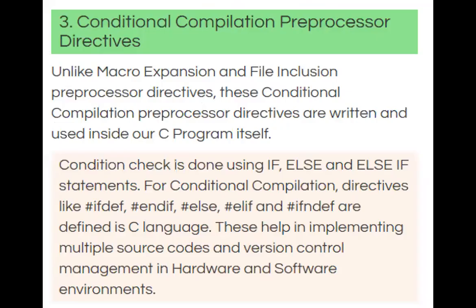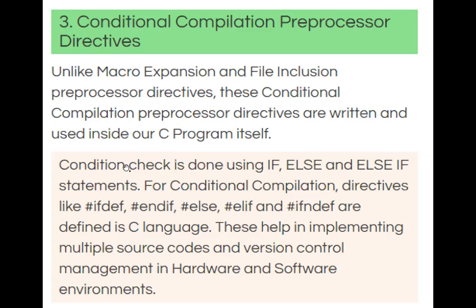And the last one is conditional compilation. Unlike macro expansion, which you saw at the start, or file inclusion, conditional compilation directives are written and can be used inside the C program itself, that is inside the main.